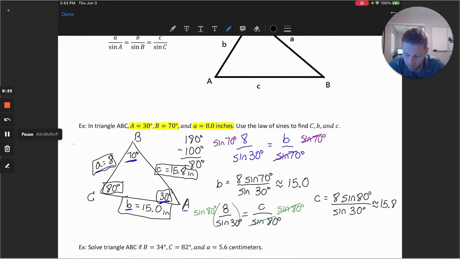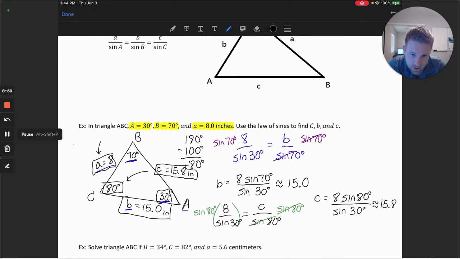I want to make one point on our solutions here before we move on. Notice that the side length C is the largest, as I said before, and that corresponds with the largest angle. The smallest angle is angle A at 30 degrees, and that corresponds to the smallest measure of side length.